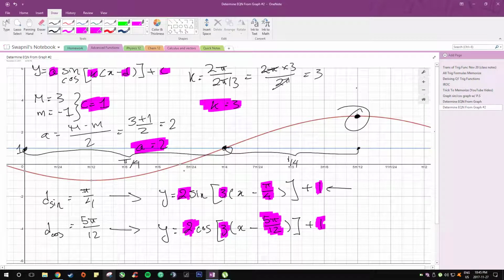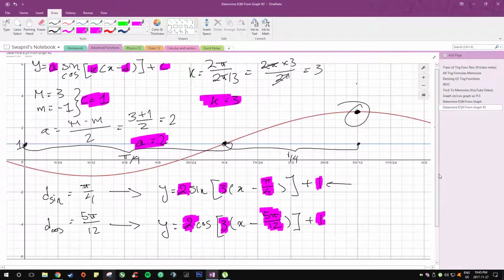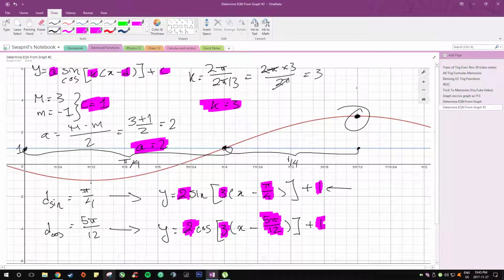And one trick to remember is, for the d value, you can take this point for sine, but it's best to take this point.